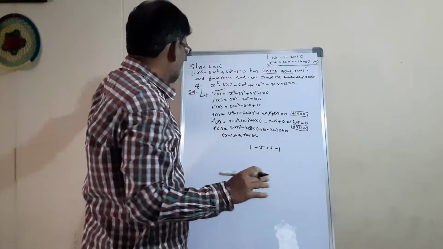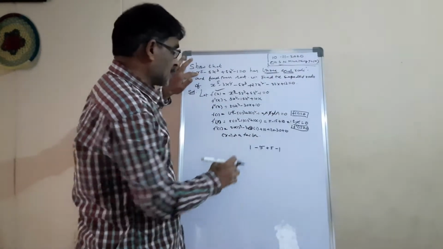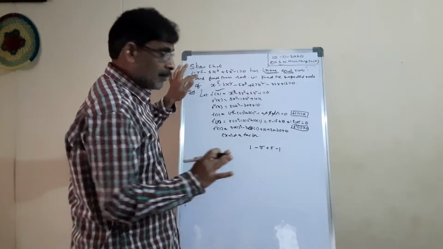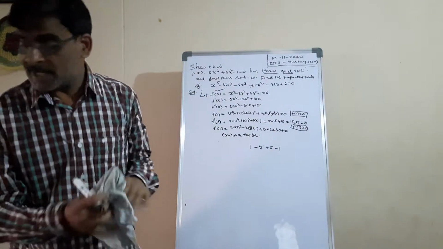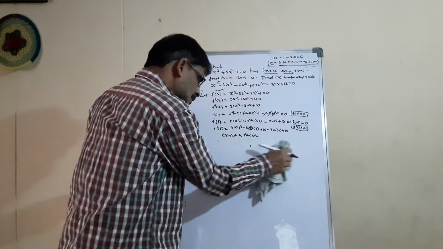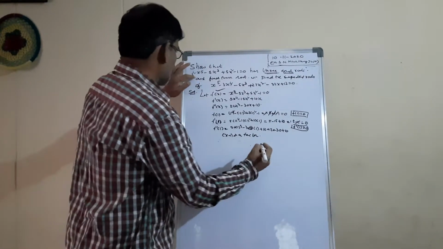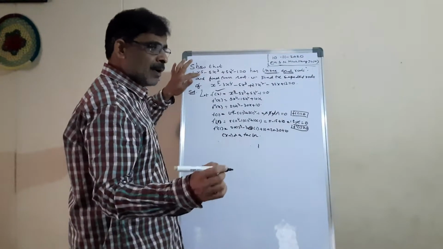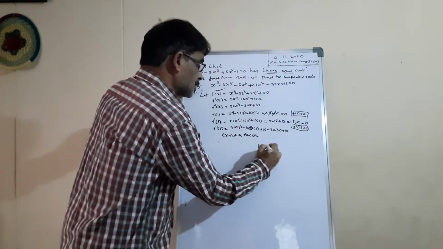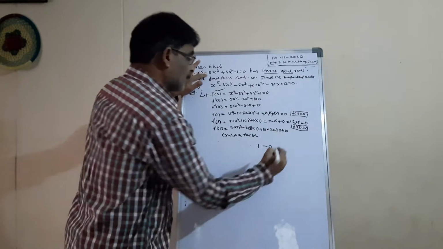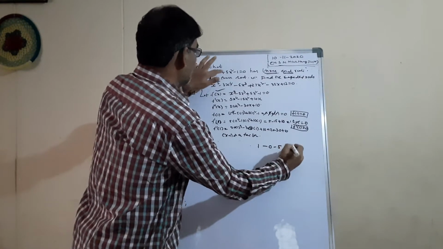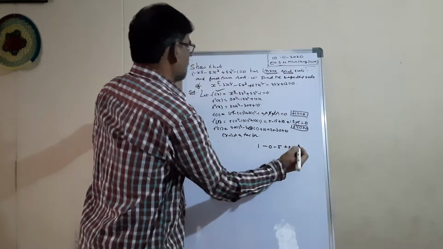After x power 5, we have no x power 4 term, so you write 0. Next x cube minus 5, x square plus 5, and no x term.